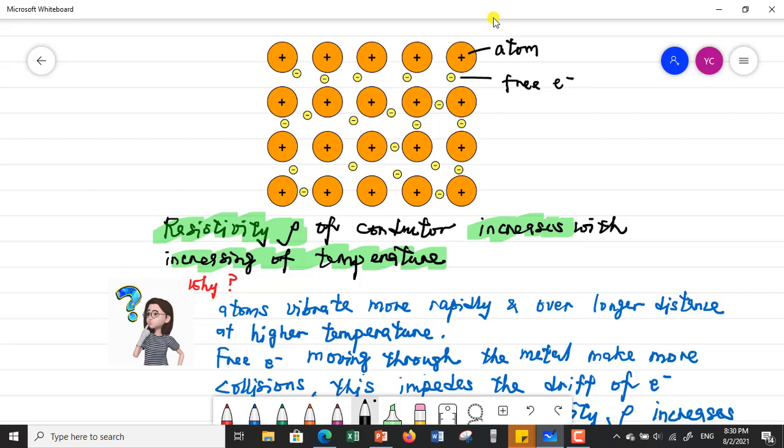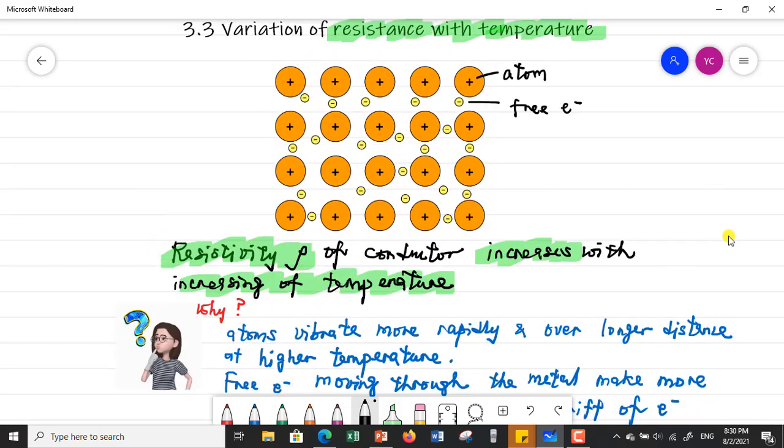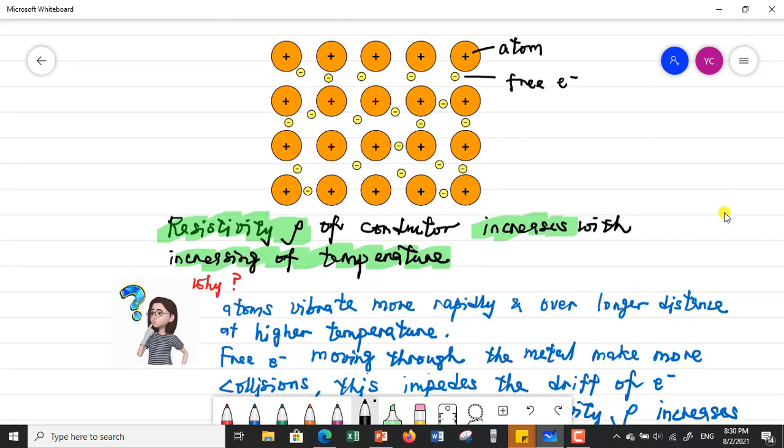So why will the resistivity of the conductor increase when temperature increases? For example, when I heat up the conductor, how does it make the resistivity of the conductor increase? When we heat up the conductor, we will find that the atoms will vibrate more rapidly and over a longer distance at higher temperature.